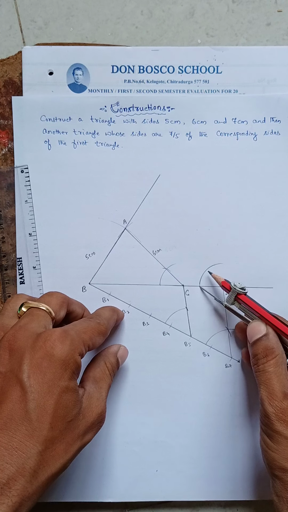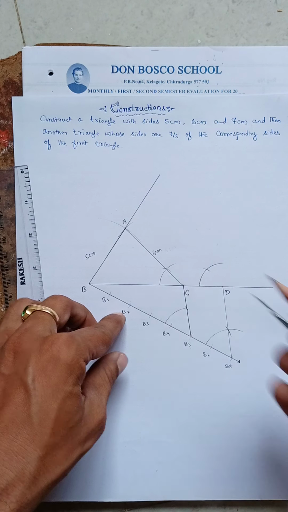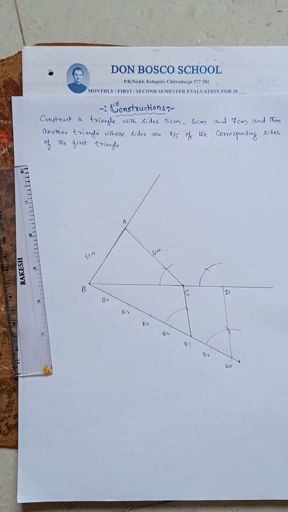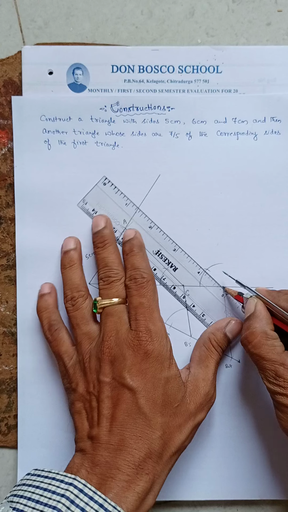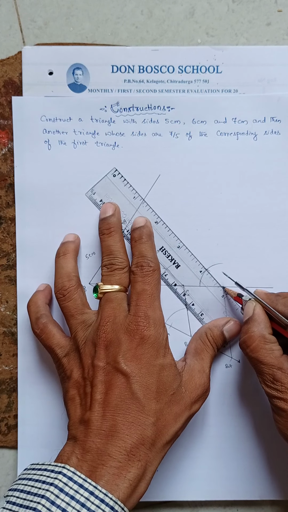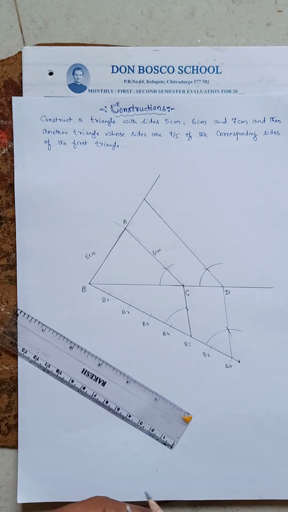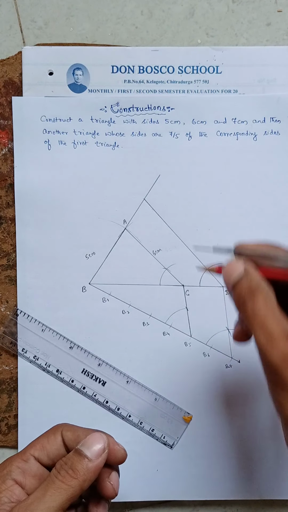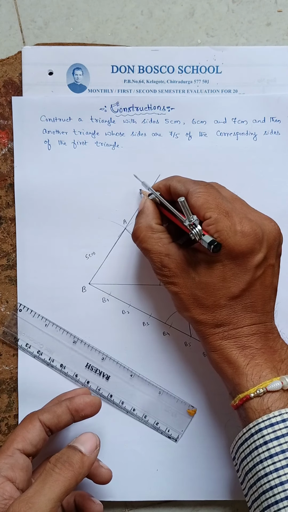With the same length, we are getting one more point here. With D as center, through this point draw a line. This is exactly parallel to AB. Let me call this point E here.